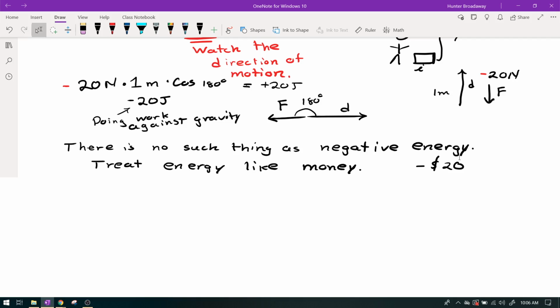The amount of energy that you have in a system is fixed. You can spend it in one spot and lose it in another, but you can't have energy randomly appearing and randomly vanishing. The amount of energy that you have is the amount of energy that you have. Okay.